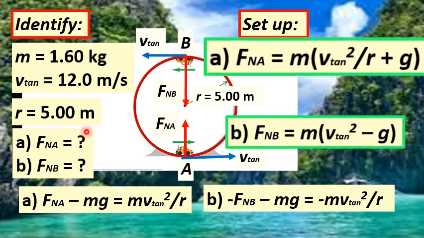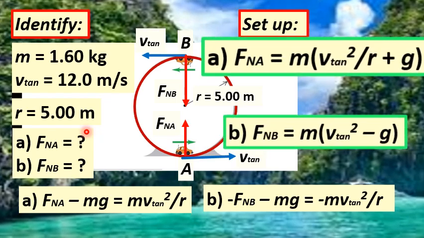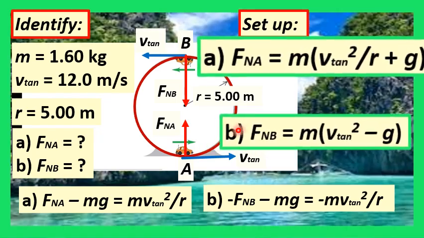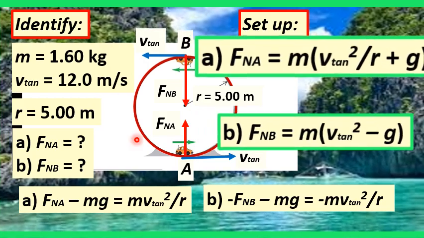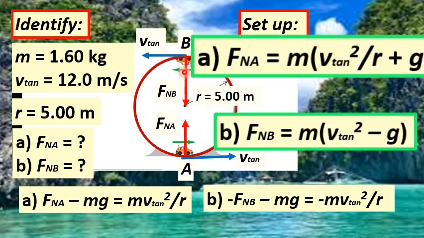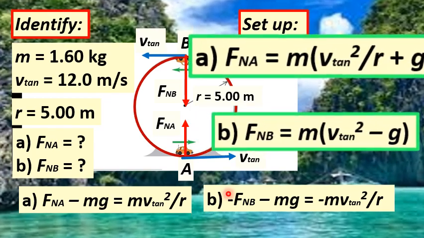That means F sub NB and the centripetal force are both directed downward. Hence, the negative sign in this equation.